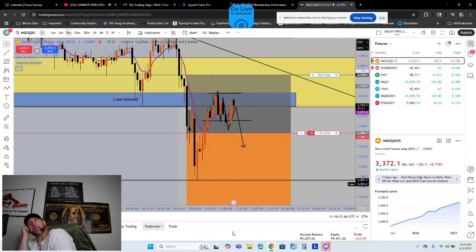So we're still in the consolidation here to see if it's going to break out of it. Yeah, there's a rejection of the 5-minute demand.